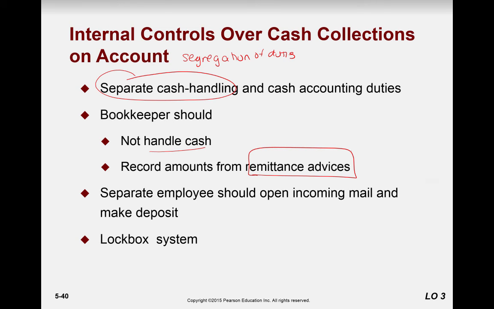Those were based on the checks, the forms at the bottom that usually tell you who's paying and what they're paying for. As you can recall from our previous lecture, we talked about the lockbox system, where a bank employee receives the invoices and then directly deposits the funds in the bank, and then electronically sends you the remittance advice so you can actually record them in your books. So the person depositing creates that segregation of duty for you.